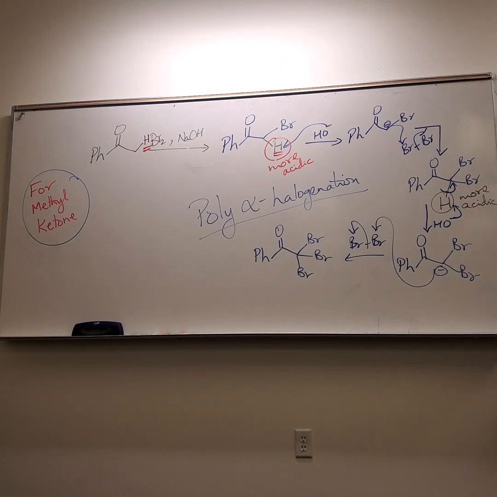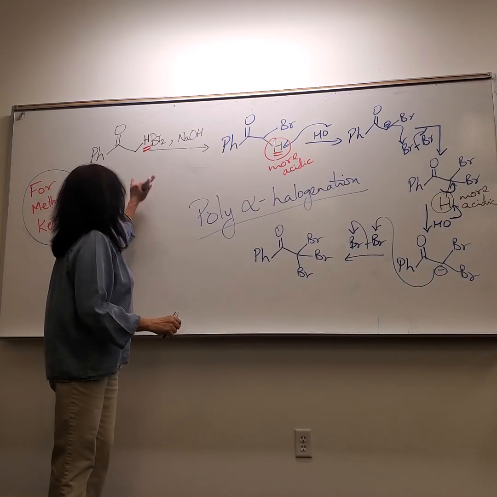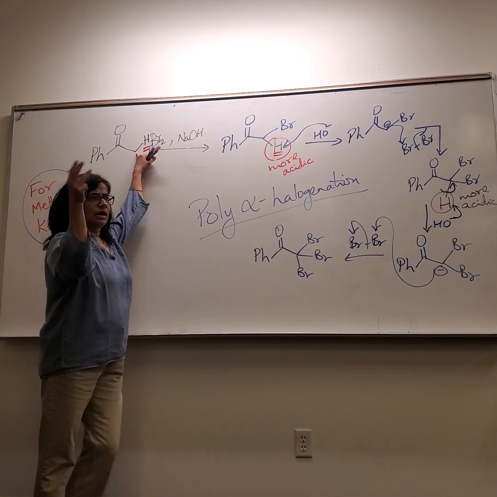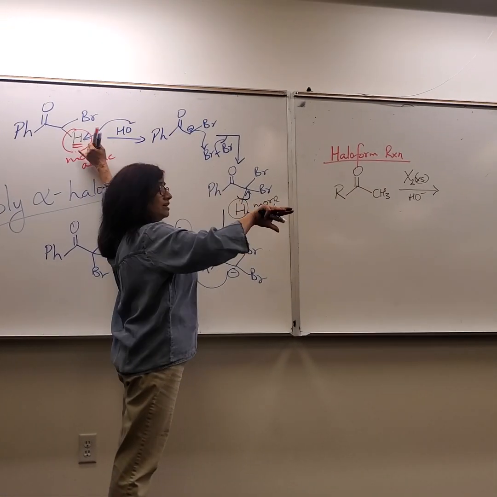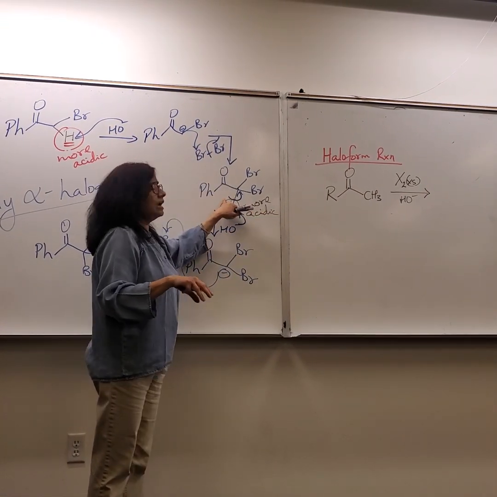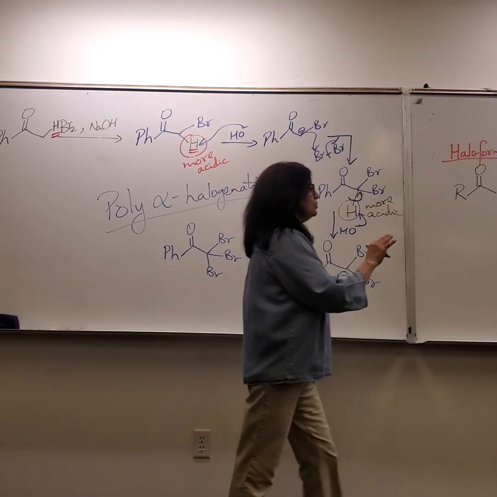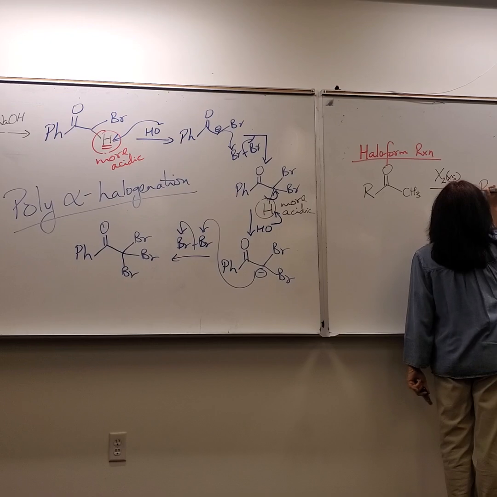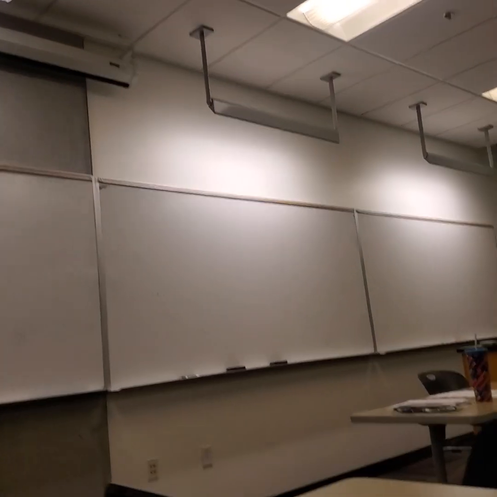I'm using as much halogen as is needed, so what will happen? First, one hydrogen is removed and halogen put in its place. But then it loses another alpha proton, another halogen comes in, and it loses another one and another comes in. Do you agree that this will give us the trihalogenated product?